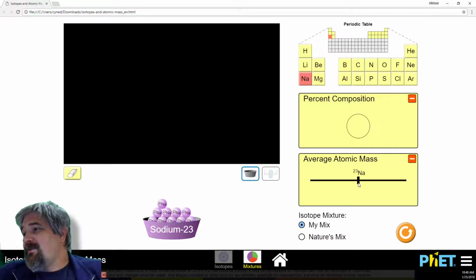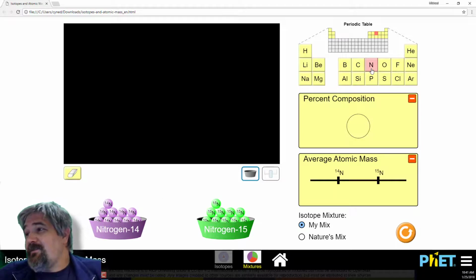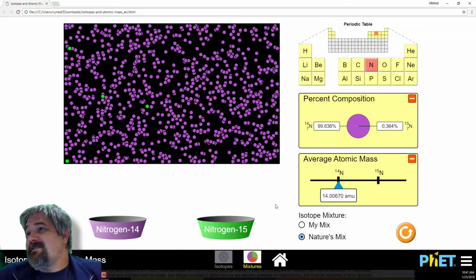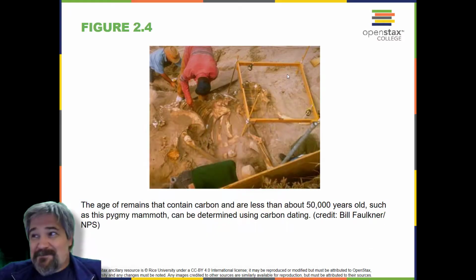So if we look at nitrogen-14 versus nitrogen-15, the average atomic mass greatly favors nitrogen-14 as that's the most abundant. Looking at the nature's mix, there we go. Okay, I can't move any of that. All right, good to know. So anyway, that's that simulation.